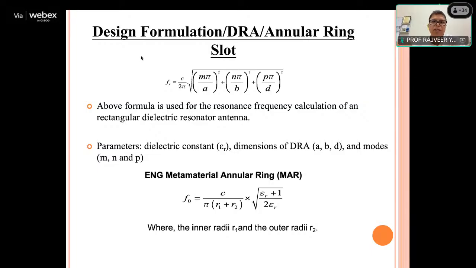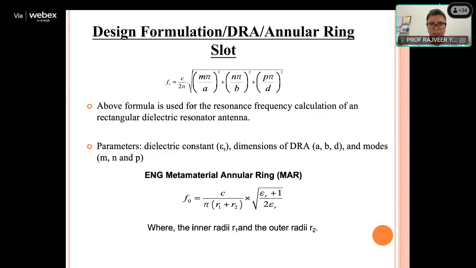Based on this formulation, we will be able to say at what frequency our antenna will resonate. So here also the DR dimensions and dielectric constant value, that is epsilon r, with the help of these m and p, will decide at what frequency I want to operate.